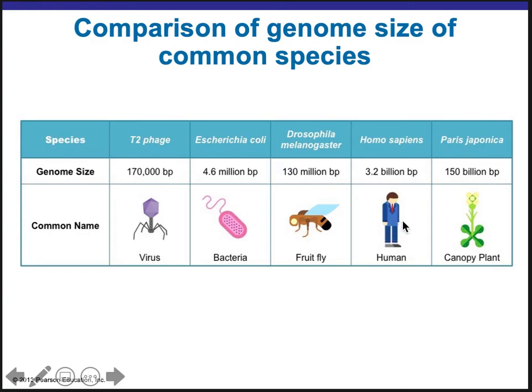We are the highest organism on the tree of life, but the plants, for some reason, have more genome base pairs. Okay, so this is fun. There's no need for you to memorize these numbers.